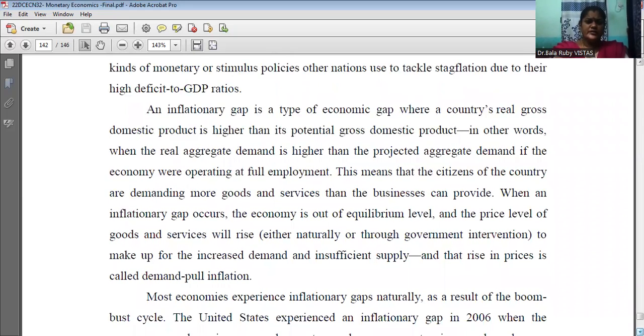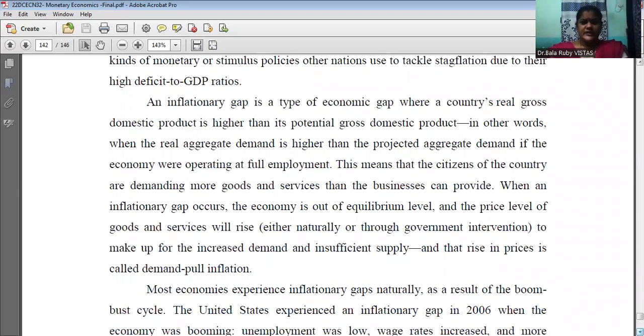An inflationary gap is a type of economic gap where a country's real GDP is higher than its potential GDP. In other words, when the real aggregate demand is higher than the projected aggregate demand if the economy were operating at full employment.